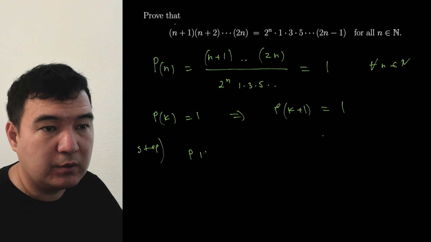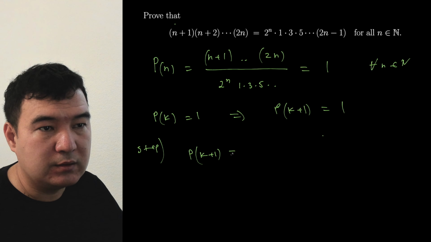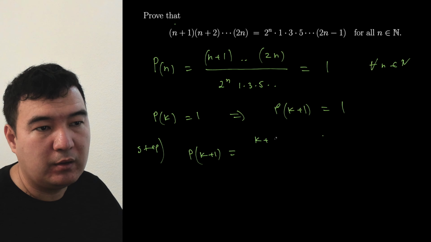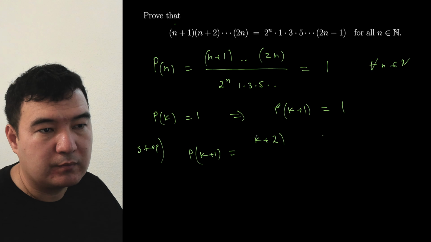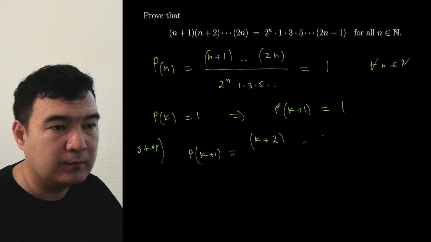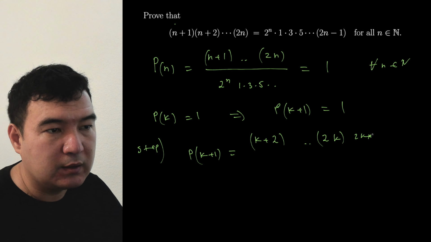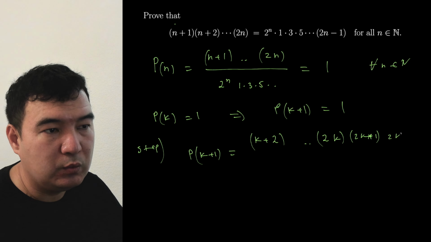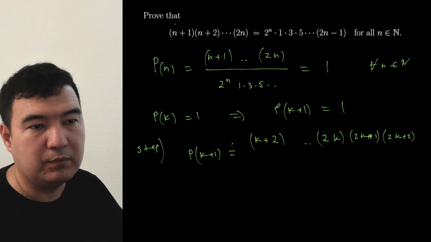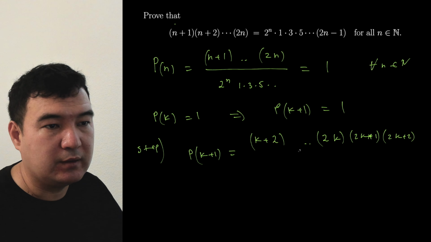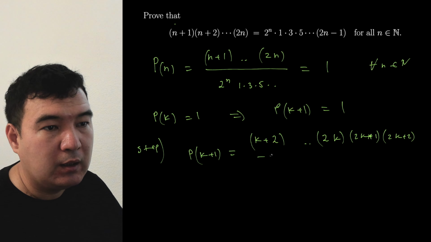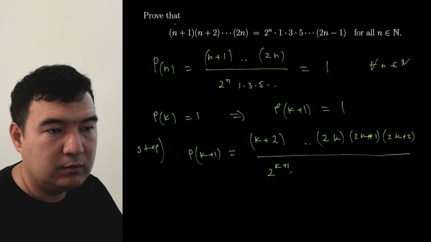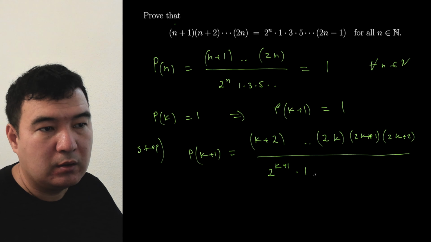So what is the expression for Pk plus 1? It starts with k plus 2, so the next number after k plus 1, and goes up to 2k plus 1 and 2k plus 2, right, up to twice that number, k plus 1, over 2 to the power k plus 1 multiplied by all odd numbers.